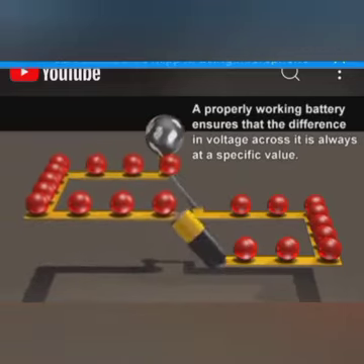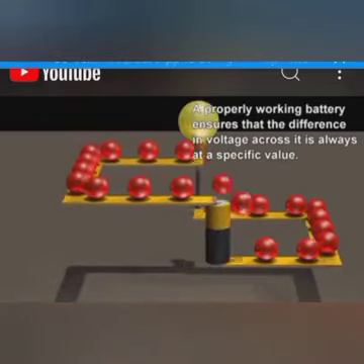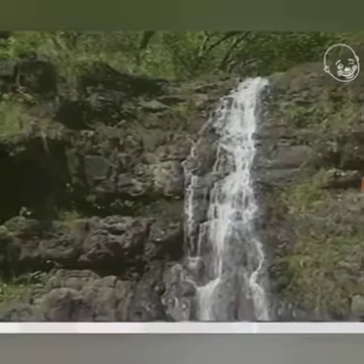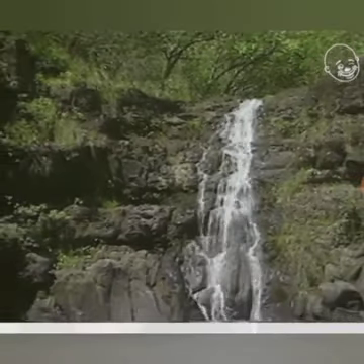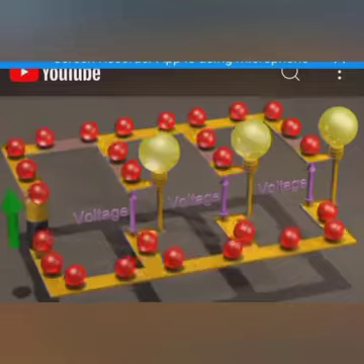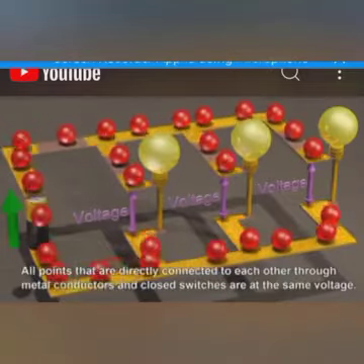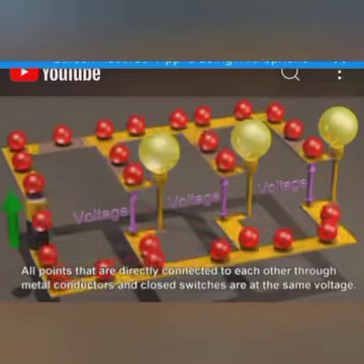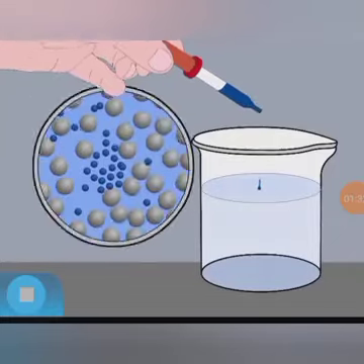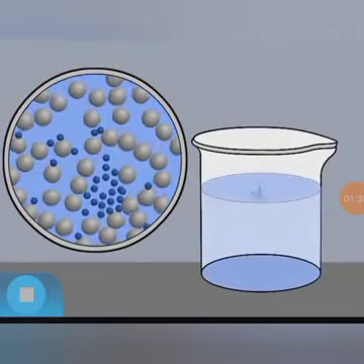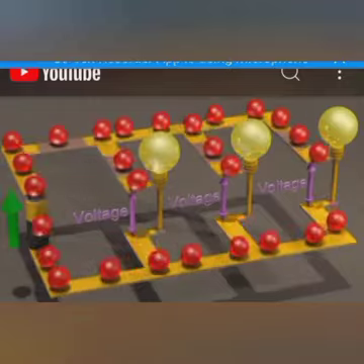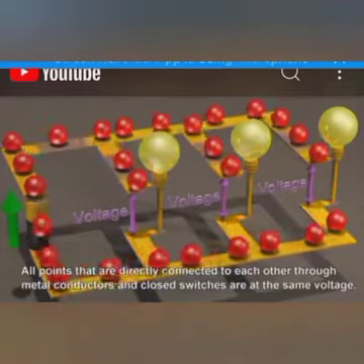Water analogy. We are going to relate the flow of electric charges, current, to water flowing in a waterfall. Now focus your attention on the animation of the waterfall and compare it with the animation of electric charges on the side. What do we need to know about the molecular composition of water? Let us focus on the animation showing water molecules in motion and electrons moving in a wire.